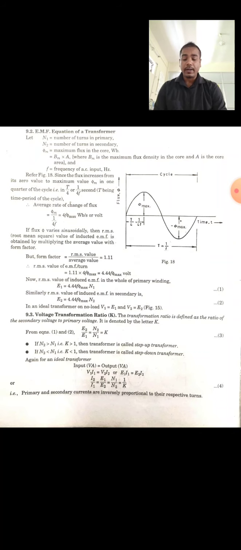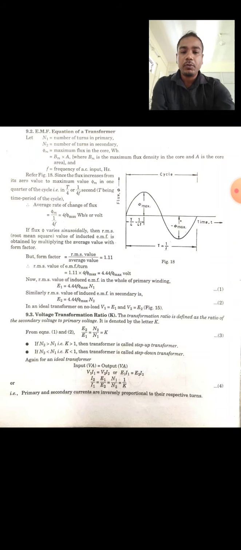Again, for an ideal transformer, input is equal to output, that means V1 I1 is equal to V2 I2 or E1 I1 is equal to E2 I2. So I2 by I1 is equal to E1 by E2 is equal to N1 by N2 is equal to 1 by K. That means primary and secondary currents are inversely proportional to their respective turns.